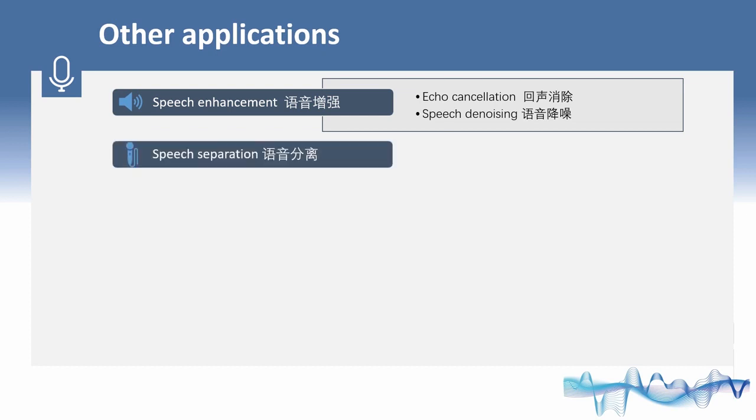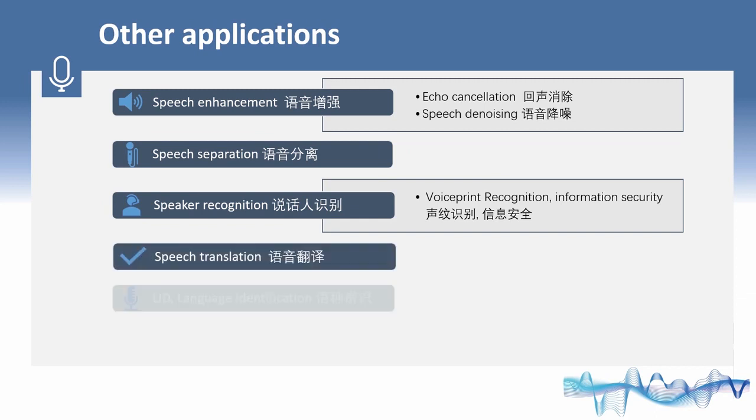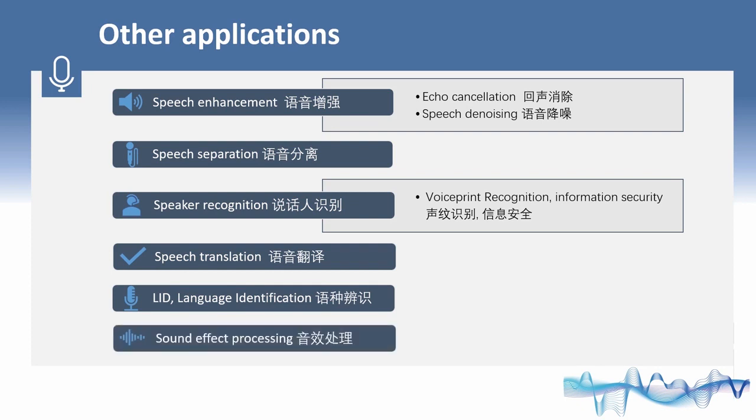Speech separation is the task of separating targeted speech from background interference. Speaker recognition can use a kind of voiceprint in information security. Other applications include speech translation, language identification, sound effect processing, and so on.